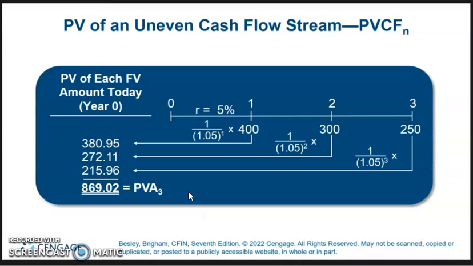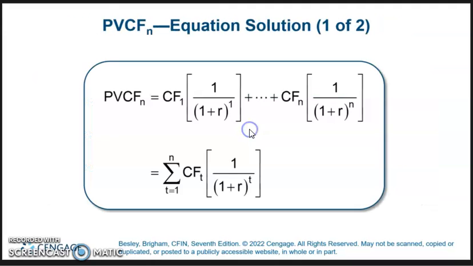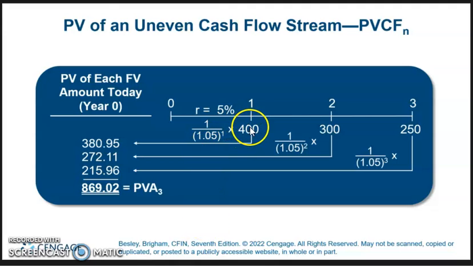Next we have the present value of an uneven cash flow. We actually did this calculation previously when we had it entered in the calculator, but we'll do it again. We've got $400 next year, $300 in the second year, $250 in the third year.